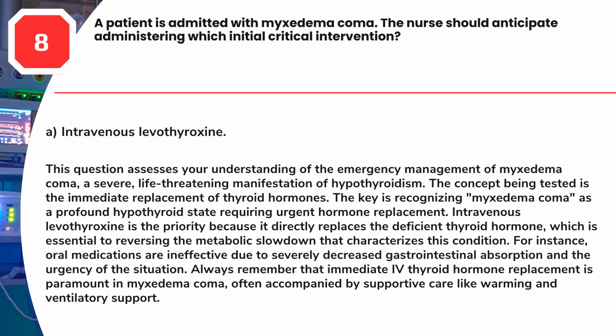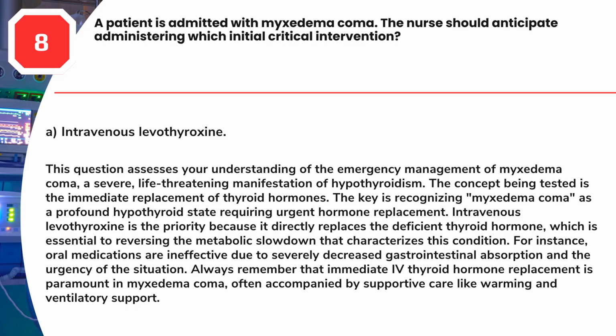Answer. A. Intravenous levothyroxine. This question assesses your understanding of the emergency management of myxedema coma, a severe, life-threatening manifestation of hypothyroidism. The concept being tested is the immediate replacement of thyroid hormones. The key is recognizing myxedema coma as a profound hypothyroid state requiring urgent hormone replacement.